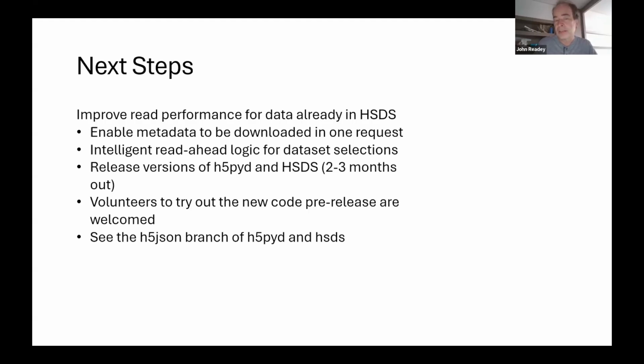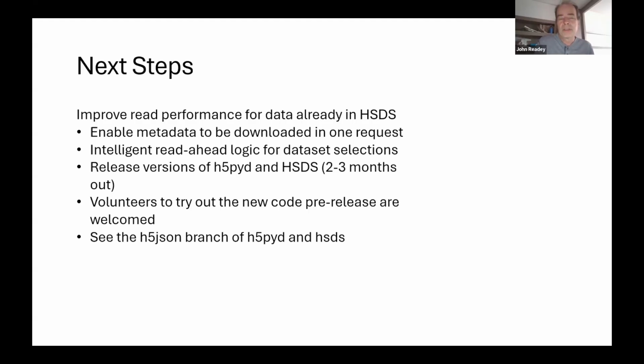If instead h5pyd was intelligent, it would say, okay, the client's read from row 50 to row 60, and he's probably going to be reading sequentially from there on. So when he asks for row 61, just read rows, say, 61 to 70. And then you'll amortize that request latency again, but now on the read side.